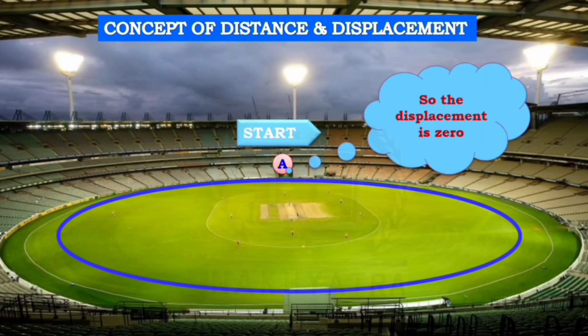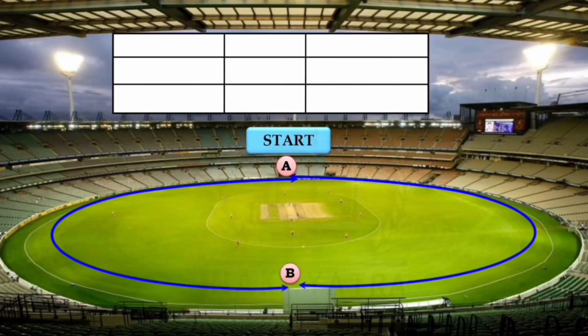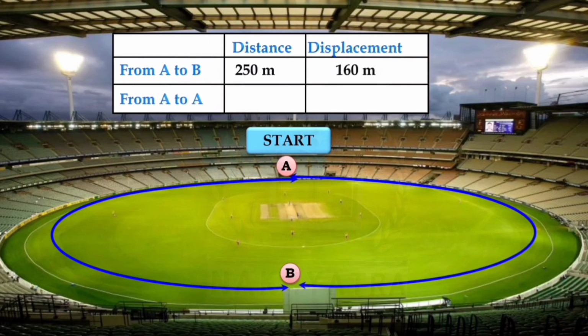So the displacement is also 0. Okay, see here now, from point A to B, the distance was 250 meters and the displacement was 160 meters. And from point A to A, distance was 500 meters, but displacement was 0.